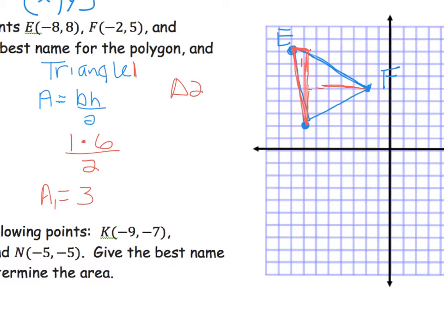And again, my base, 1, 2, 3, 4, 5, 6, right here. My base is 6, and my height is 1, 2, 3, 4, 5. And I have to divide that by 2. So 30 divided by 2 is 15. So that's the area of triangle 2. So all together, it would be 18 units squared.